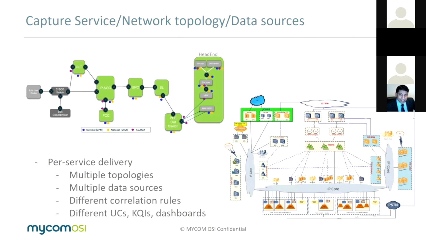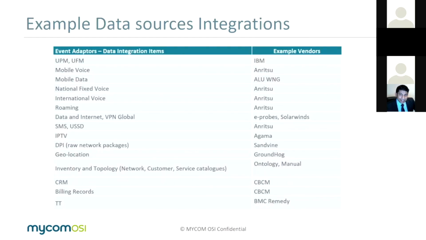for our customers, which contains multiple topologies, multiple data sources, different use cases, and we provide off-the-shelf KQIs and dashboards. Some example data sources include mobile voice data, international voice data and internet, IPTV, geolocation, inventory, and topology.